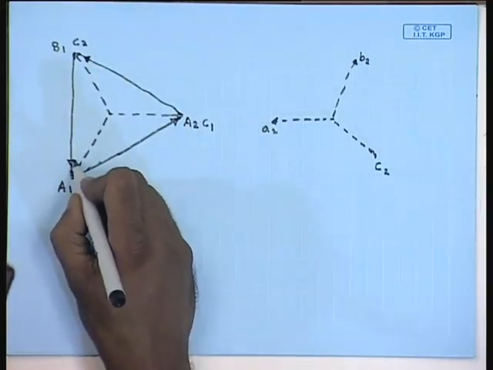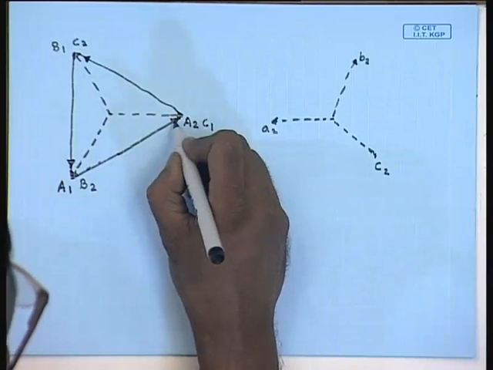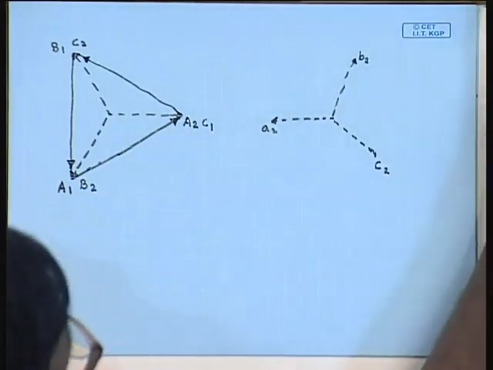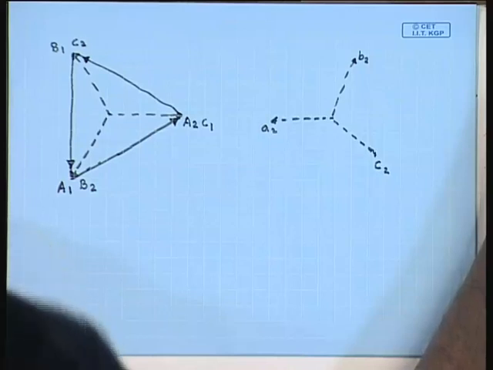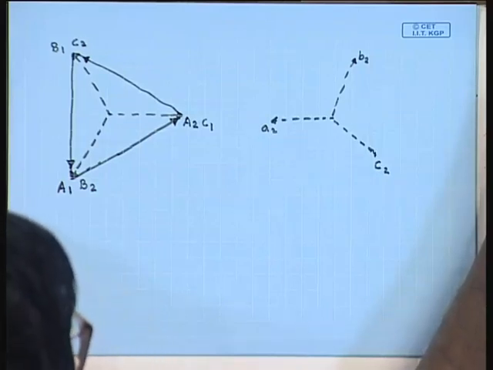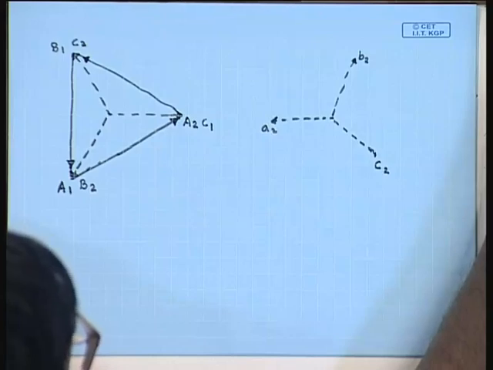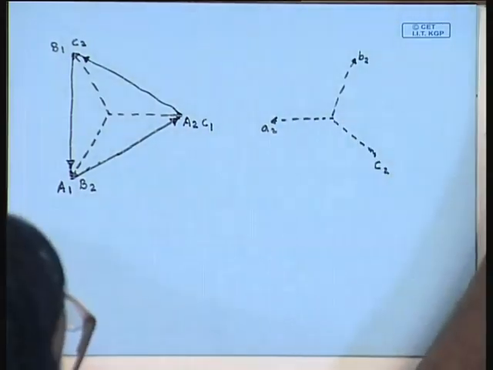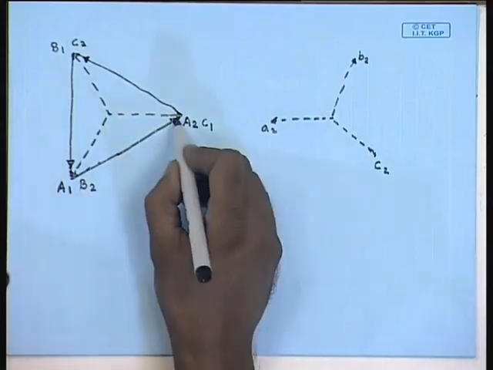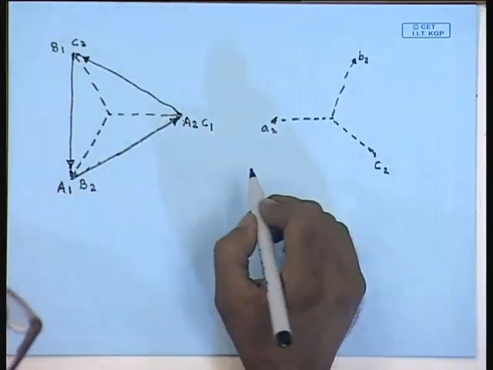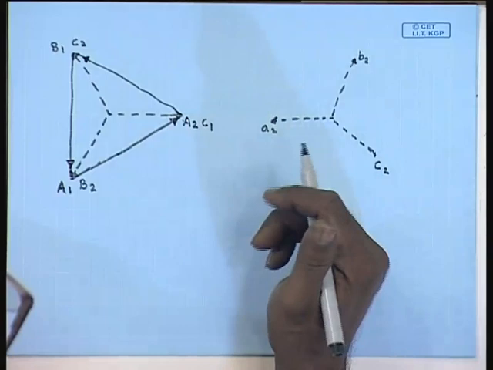On the low voltage side, corresponding a1 a2 should be in phase with the voltage, or will be parallel to the voltage A1 A2, therefore in phase opposition.